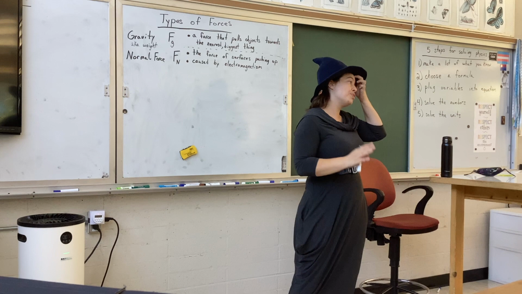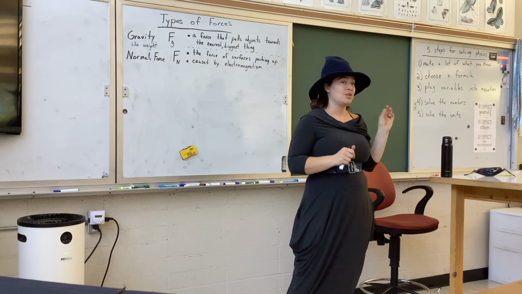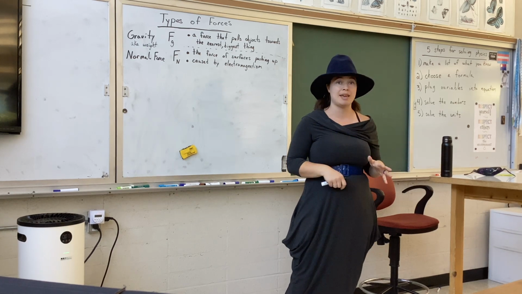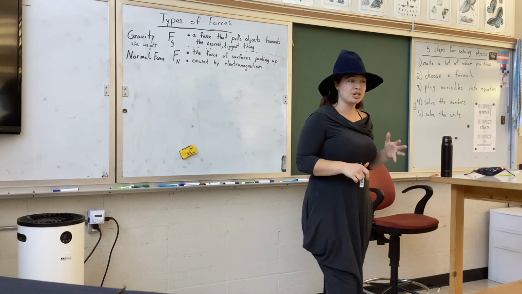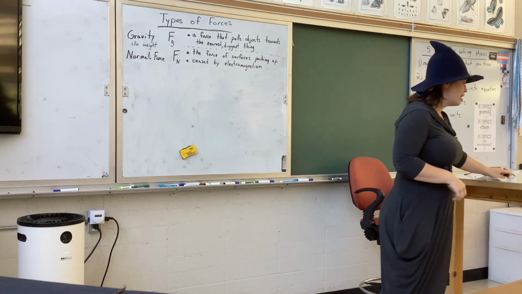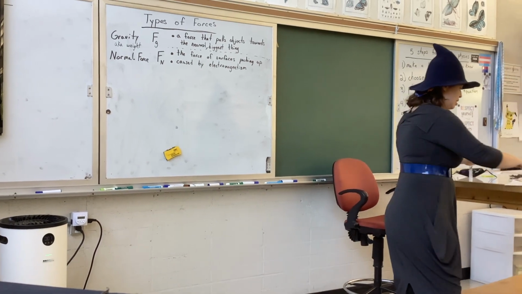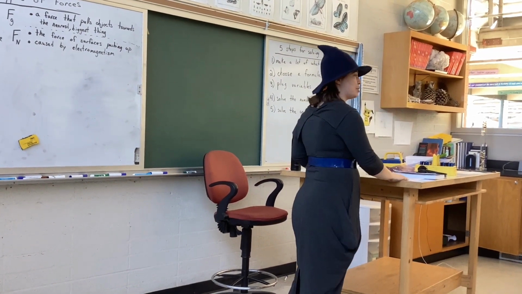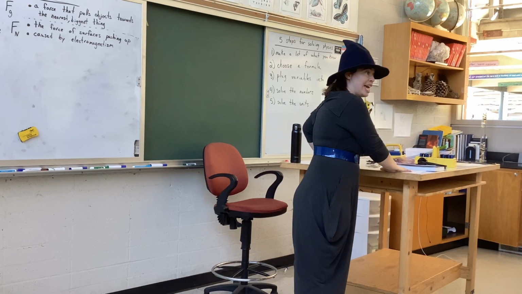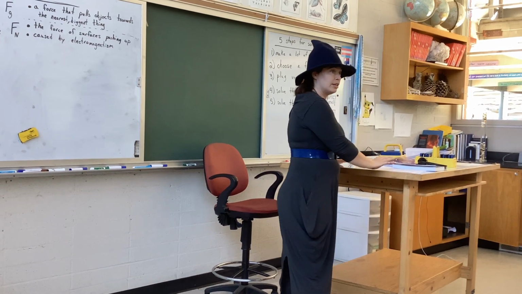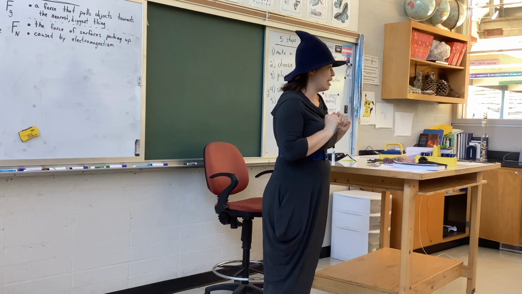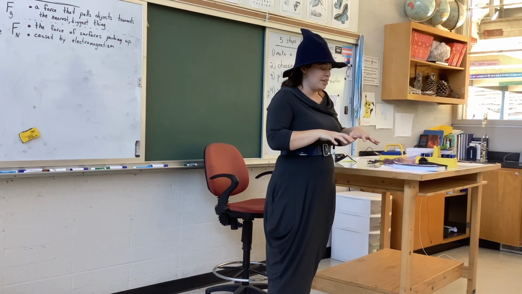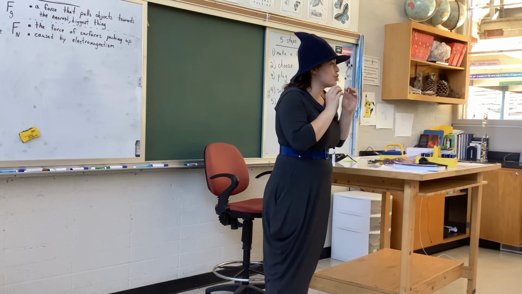Now, there's some really cool things about the normal force. One of the cool things about the normal force is it's exactly as strong as it needs to be. Because I can push on a table. If I push down on it, my hands have some weight to them and the table pushes back. But the harder I push down, the more my electrons get closer to the electrons in the table, and the magnetism is stronger the closer things are.